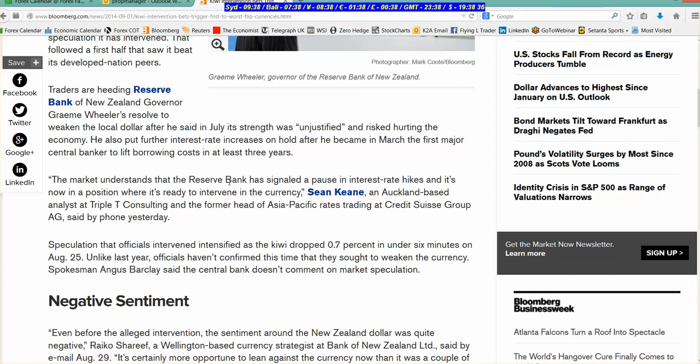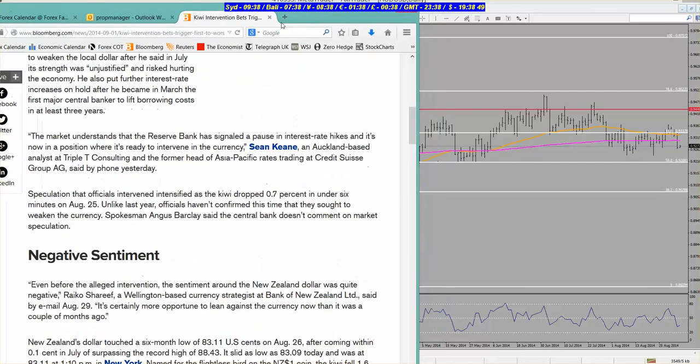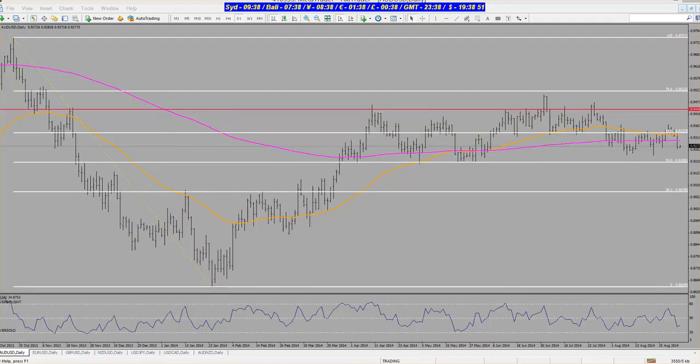If it doesn't work, then they end up losing money. So I think the negativity on the Kiwi was not necessarily based on the central bank intervention, but that it was overpriced.